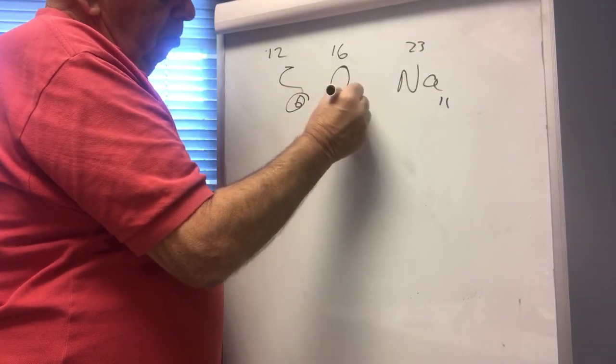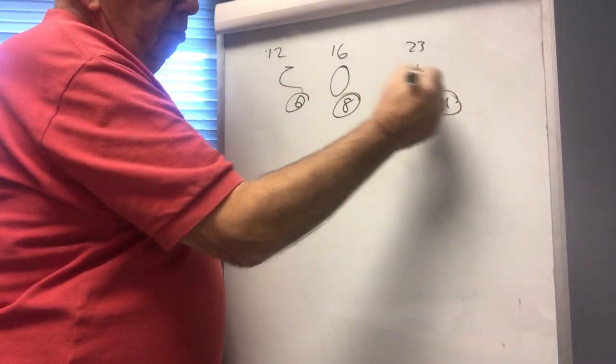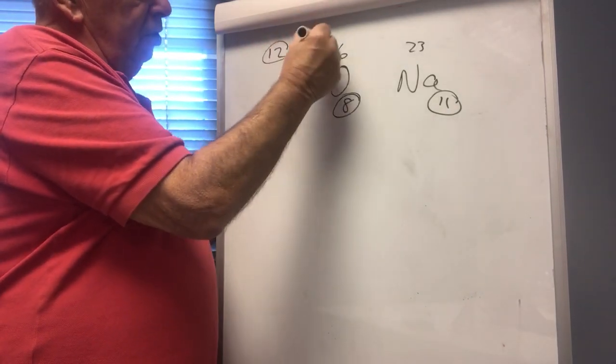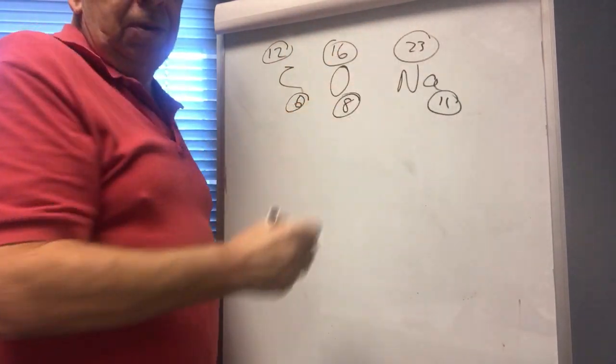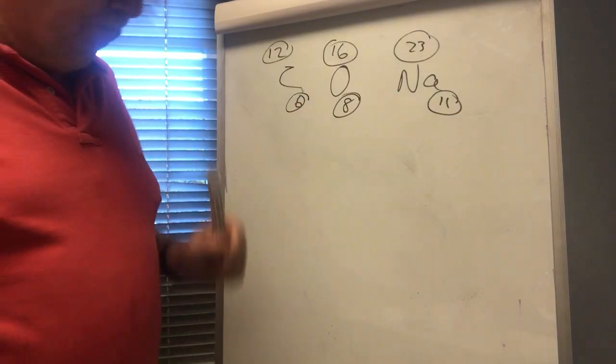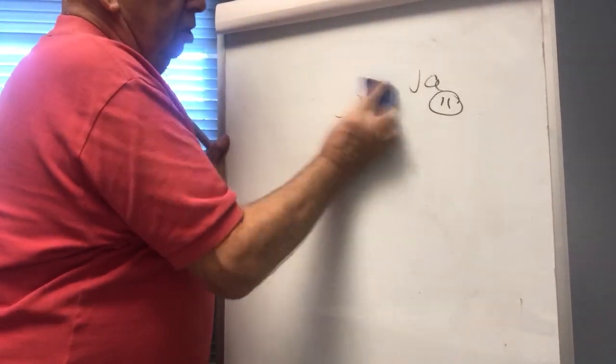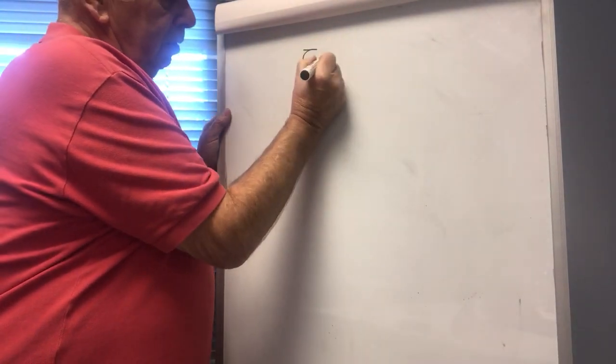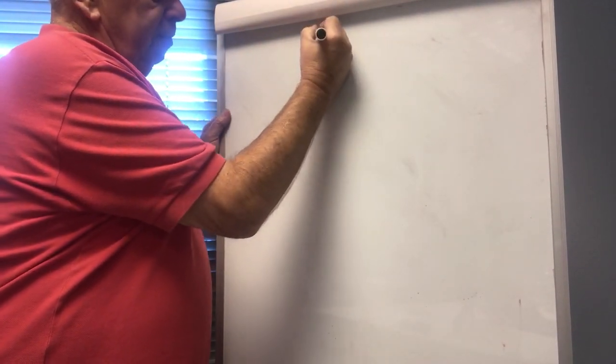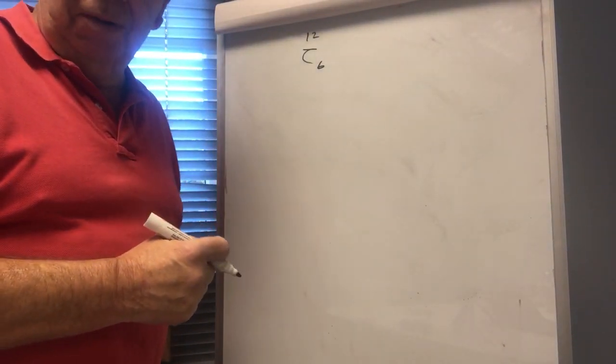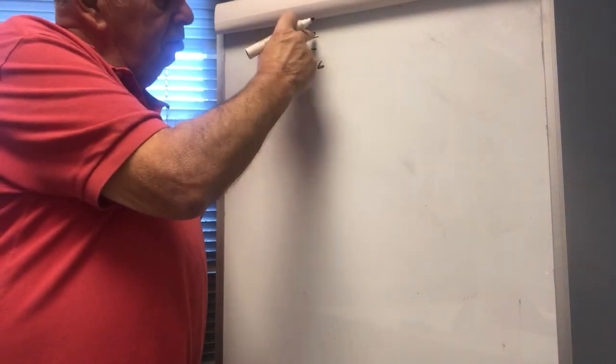That is the atomic number, and that is the atomic mass. Let's look at carbon. Here's carbon, 6 and 12. Its relative atomic mass is 12.